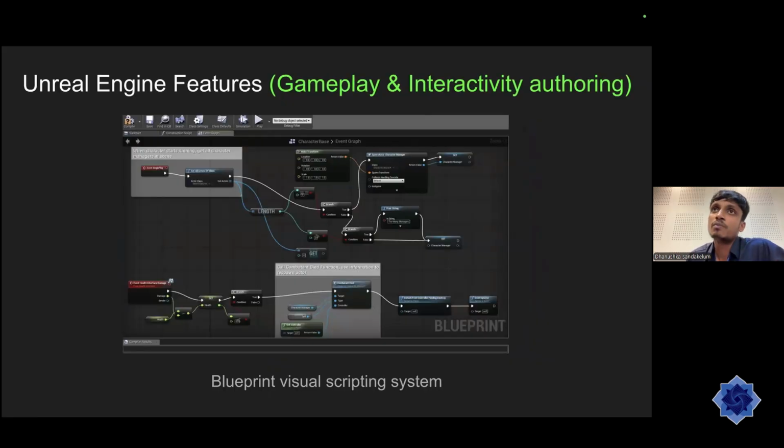And one of the most important facts about Unreal Engine is, as I mentioned before, it is based on C++, but when it comes to developing your game, you don't necessarily need to use C++. Instead, you can follow visual scripting, right? Because at the end, programming is all about ideas. Programming is not about a language. Don't think that if you know C++ better, you are a good programmer.